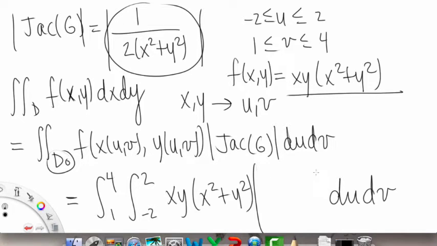If I insert the Jacobian here, this is 1 over 2 times x squared plus y squared, which is super convenient because then we can cancel out these two quantities. I'll continue on the next slide.